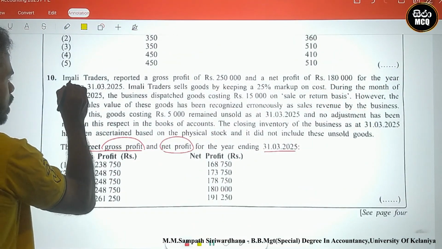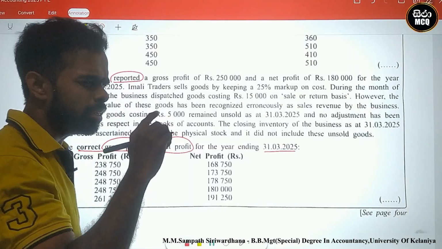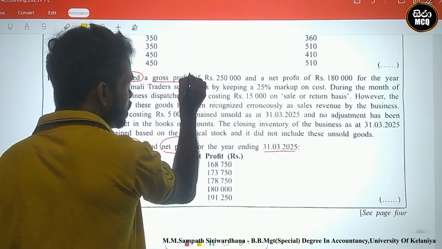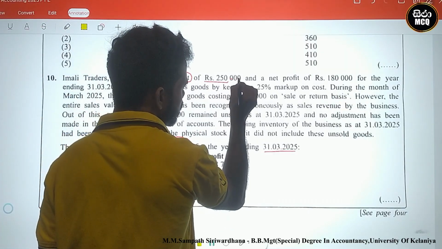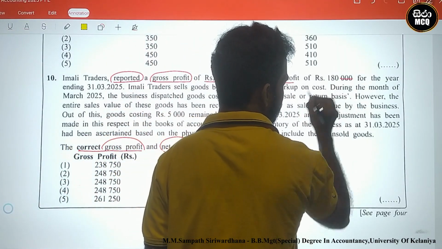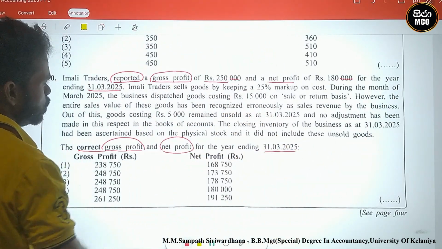Let's see the question. Amali Traders reported a gross profit of 250 and a net profit of 180 for the year ending 31st March 2025.